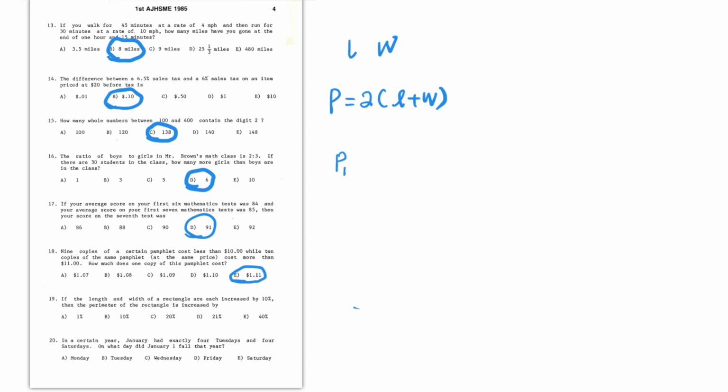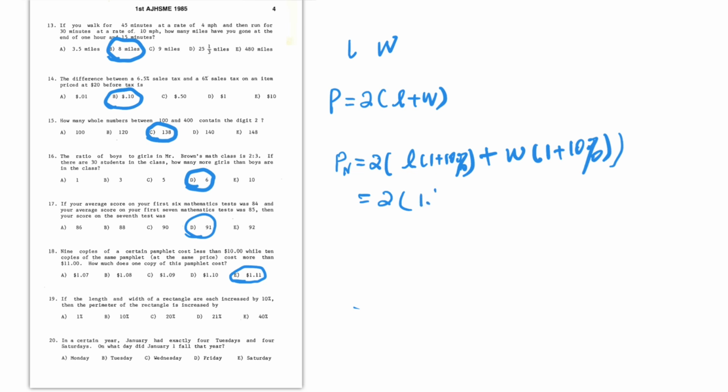That's 2 times the length increased 10%, that's 1 plus 10% times the original one, plus the width times 1 plus 10%, equal to 2 times 1 plus 10%, that's 1.1.